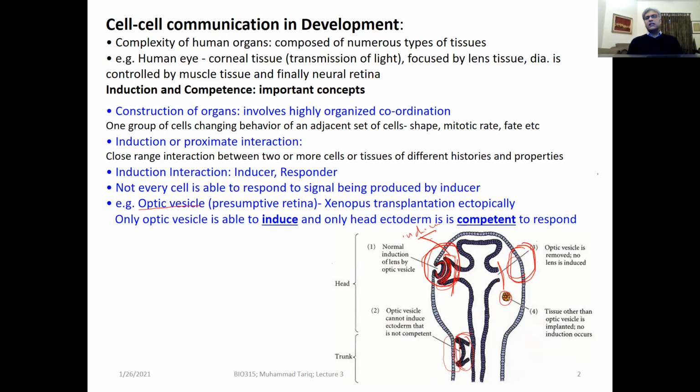Induction signal is coming from the vesicle, but now these cells here are not responding. They are not responding because they are simply not competent to respond to the signal which is coming from the optic vesicle. Is it clear? The concept of induction and competence?